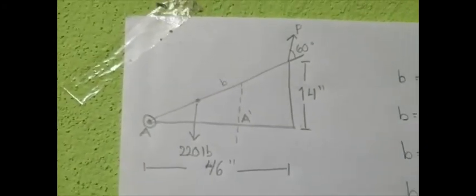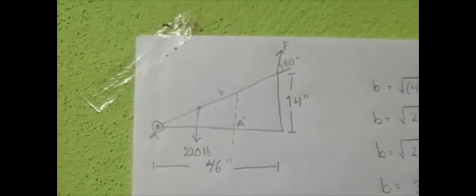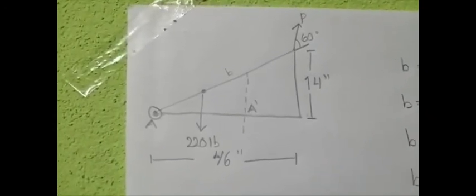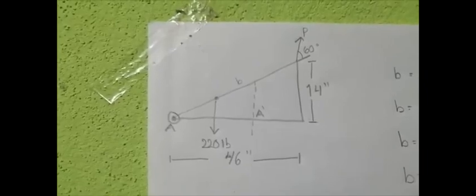So to find the magnitude, from point A to the point 4 is going to be P, with an inclination of 70 degrees.